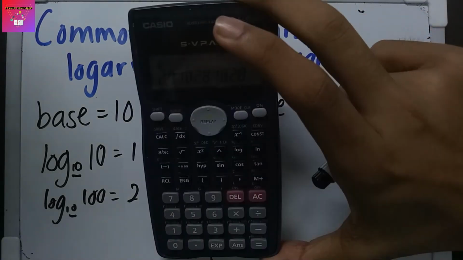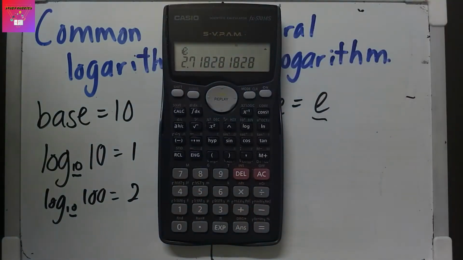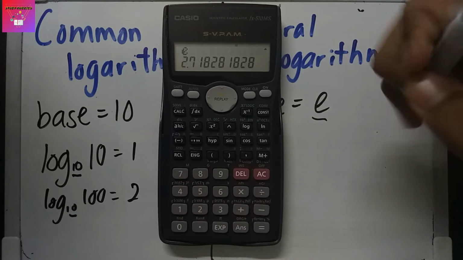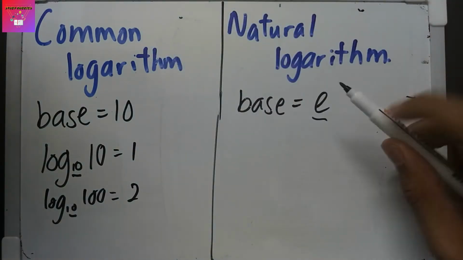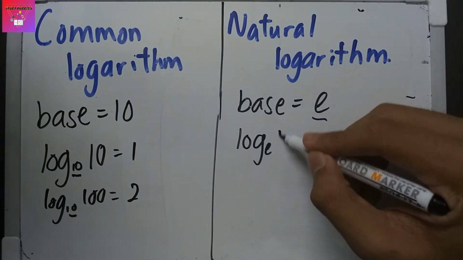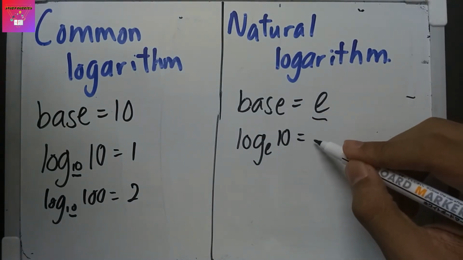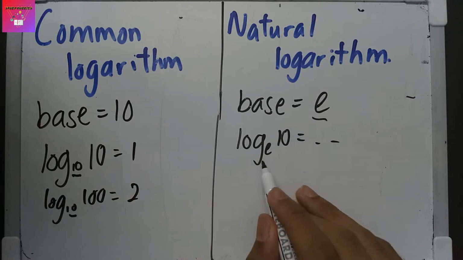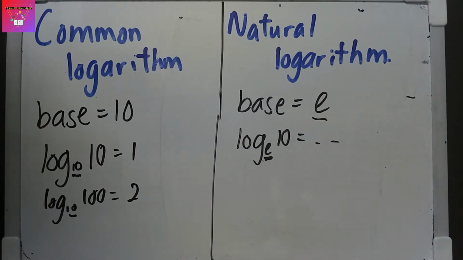You can see the value of e, which is 2.718, and the number goes on. So any logarithm which has e as its base, so log base e of 10 equals some number.